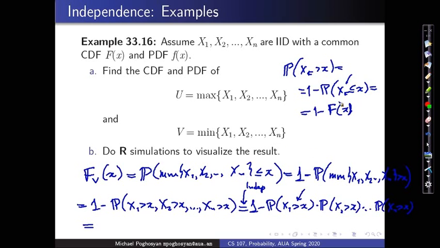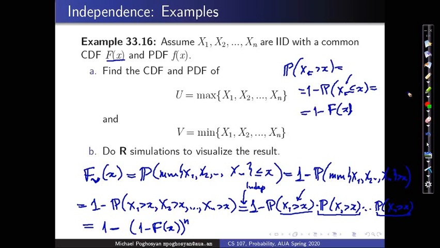For all xk's, the CDF is the same F. So I will have 1 minus F of x for this, and another 1 minus F of x for that, and another 1 minus F of x for this, to the power n. So the CDF of V is (1 minus F of x) to the n.